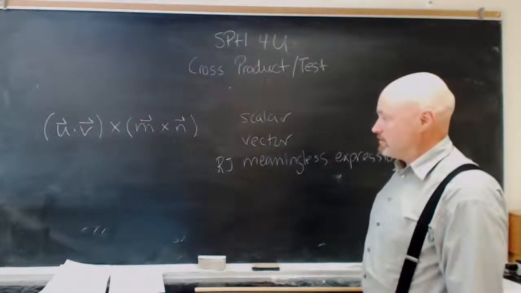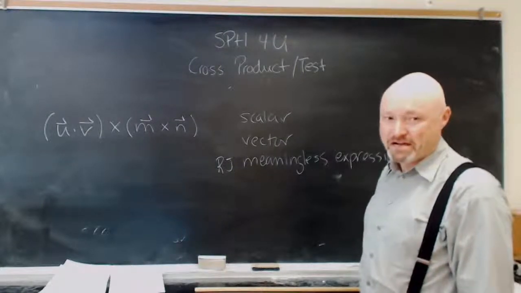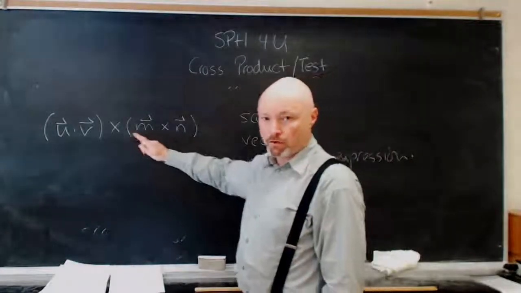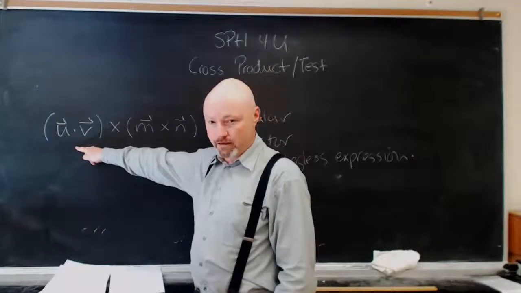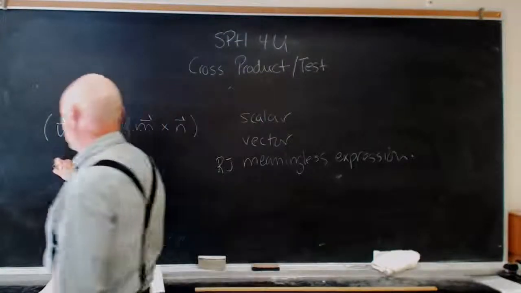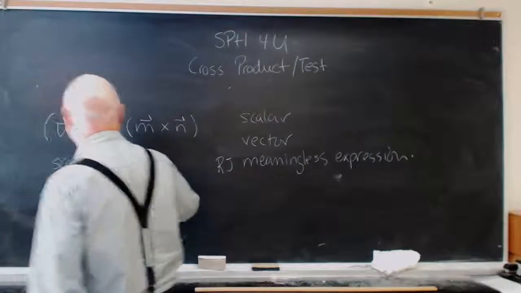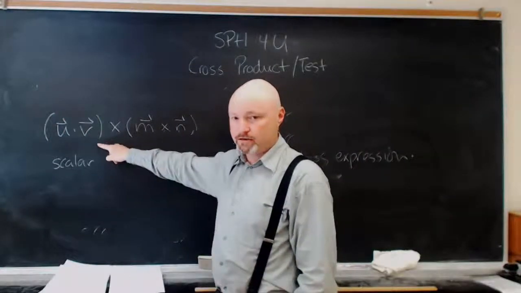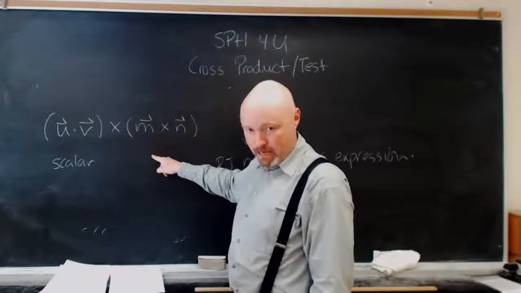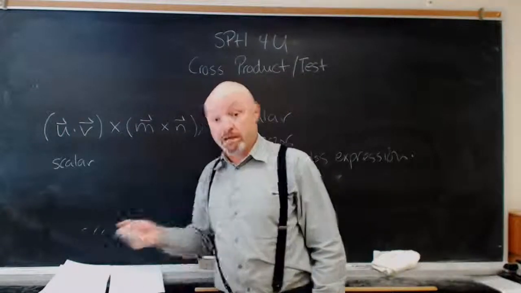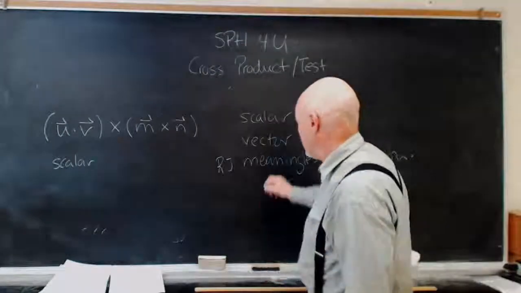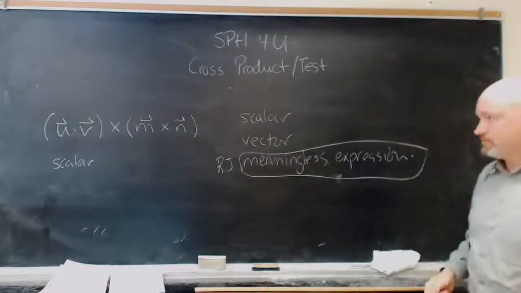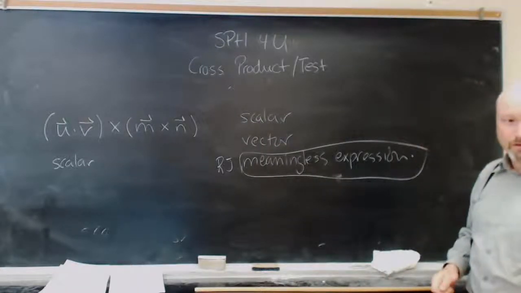Well, I'm not sure about how you find the perpendicular to a scalar. Okay, so what are you saying, RJ, that this is a scalar? Yeah, that becomes a scalar. And m is a vector. That's a perpendicular vector, and then scalar cross vector can't be done. Basically, if we have a scalar, we can't do the cross product. So this one is a meaningless expression.